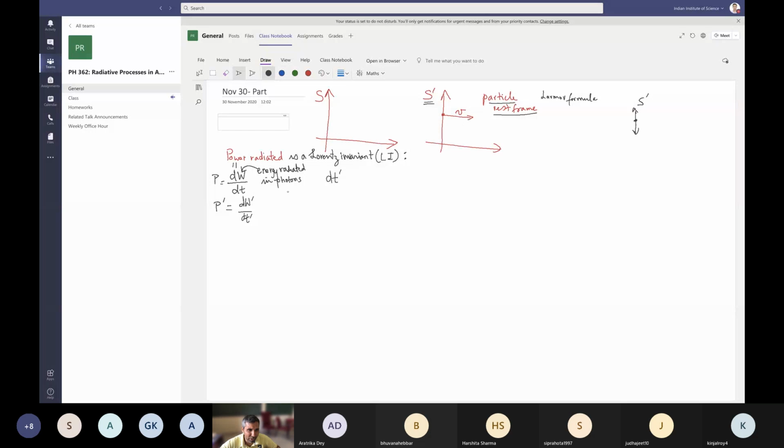So what do we know about the relation between dt prime and dt? This is the particle rest frame, so the time measured in frame S will be longer because of time dilation. So we have dt is equal to gamma dt prime. This is nothing but time dilation.